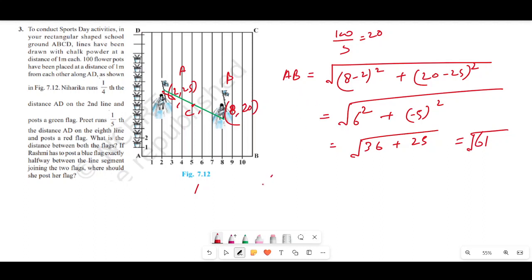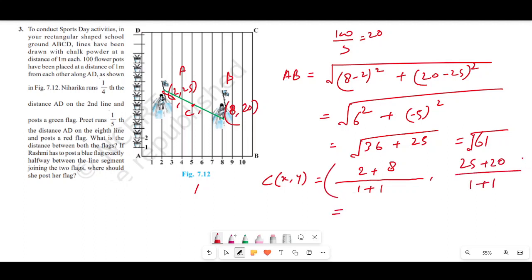Now for C, suppose this is (x, y), then we will use the 1:1 ratio because both are the same. So first 2 plus 8, then second will be 25 plus 20, over 1 plus 1.